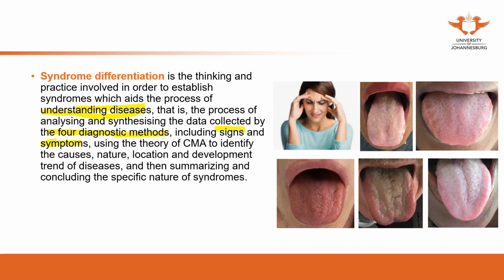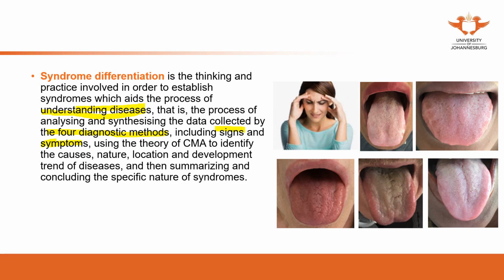The purpose is to understand the diseases. You want to understand what happened to the patient. How to do so is to use the four diagnostic methods to find the signs and symptoms. For the four diagnostic methods, we're going to discuss them in future in our diagnostics, and you're going to learn all of them. After you find the signs and symptoms, you're going to use the theories we have learned to analyze these symptoms and signs and then conclude to a syndrome.